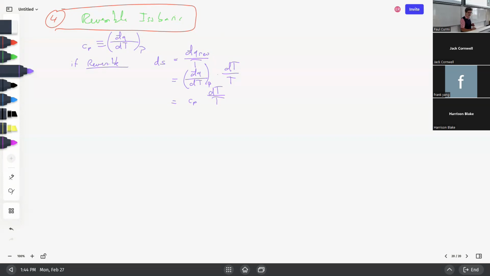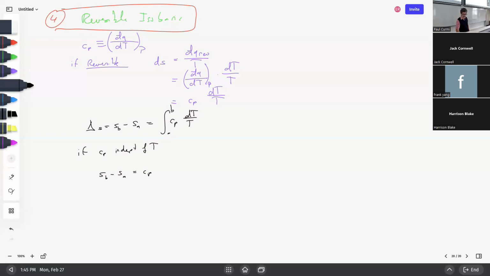If I have that, I get the change in specific entropy, specific entropy B minus specific entropy A, is going to be equal to the integral of Cp dT on T from A to B. And if Cp is independent of T, this then gives me that sB minus sA, the specific entropy difference, is equal to Cp ln TB on TA.